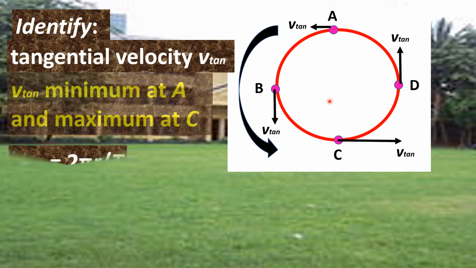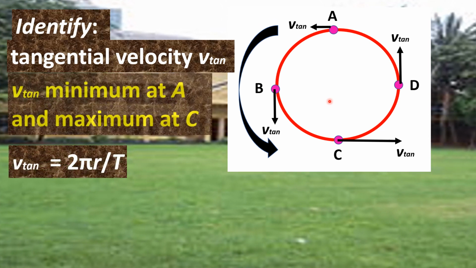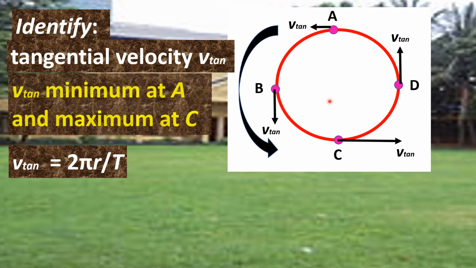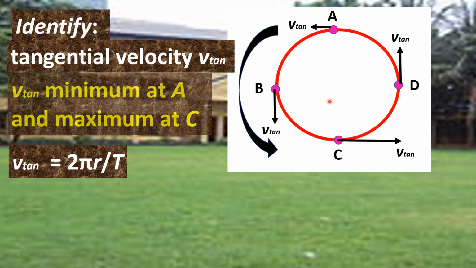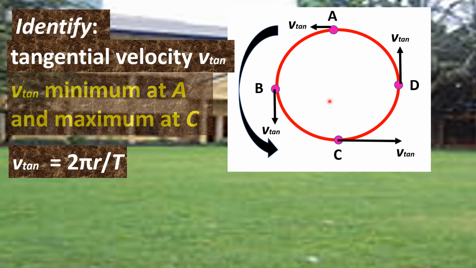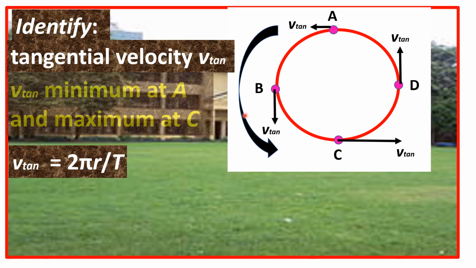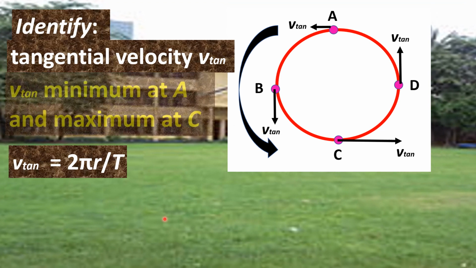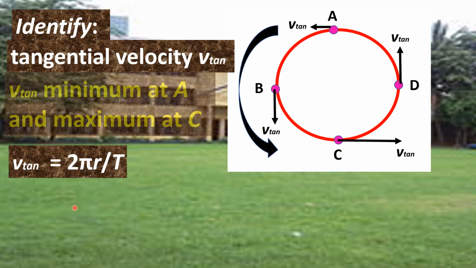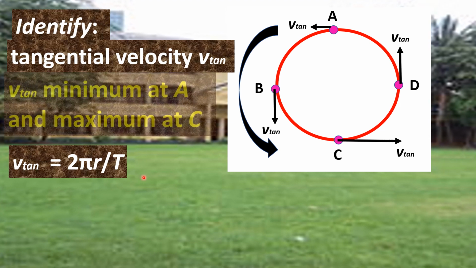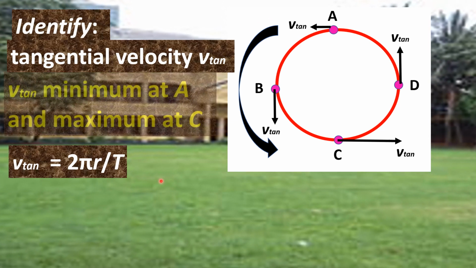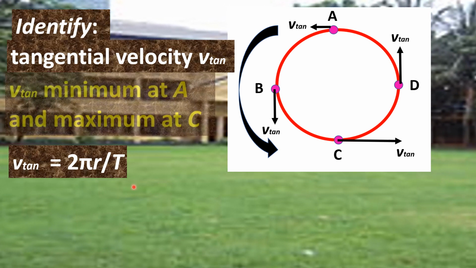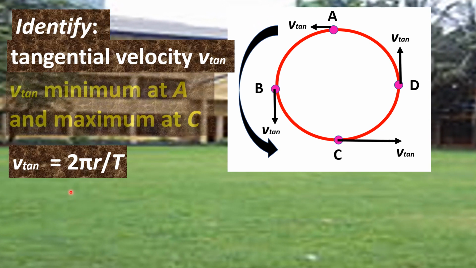And the magnitude of this tangential velocity v sub tan at any instant is just equal to 2 pi r divided by capital T, where r is the radius of the circle and capital T is the period or the time for one complete revolution.